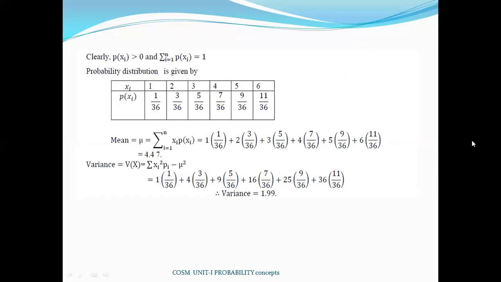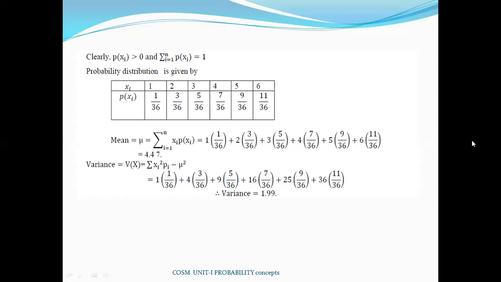So we are writing the probability distribution function from the above table with elements xi and p of xi. The xi elements are 1, 2, 3, 4, 5, 6, and the corresponding probability values are 1 by 36, 3 by 36, 5 by 36, 7 by 36, 9 by 36, and 11 by 36 respectively.